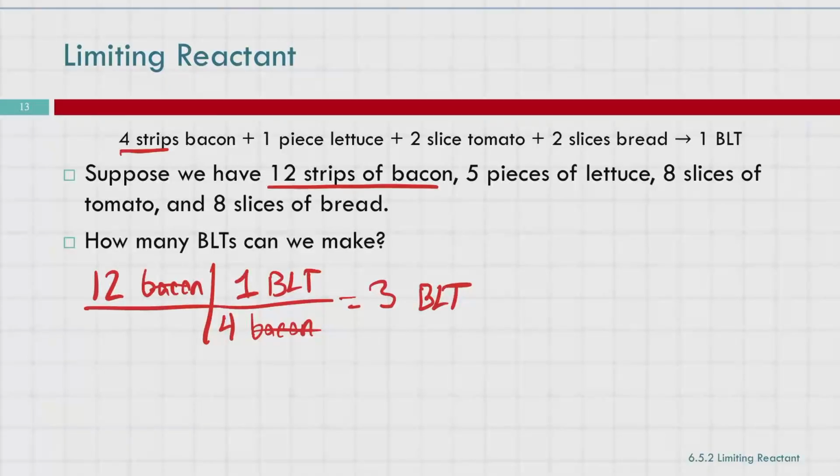Okay, so I can make at least 3 sandwiches with the bacon. But what about our lettuce? Well, it's 1 piece of lettuce to 1 BLT because we're not big fans of lettuce in this recipe. So 5 lettuce, it's a 1-to-1 ratio.